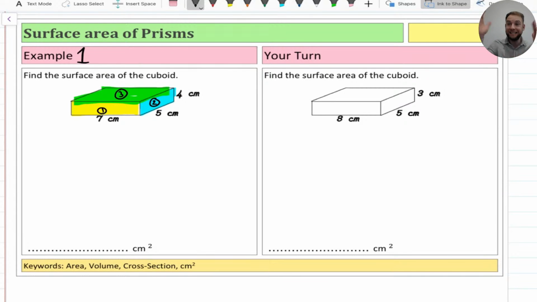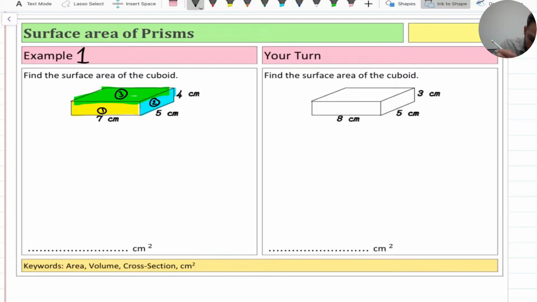Now there are 6 sides to a cuboid: the front and back, top and bottom, right and left side.